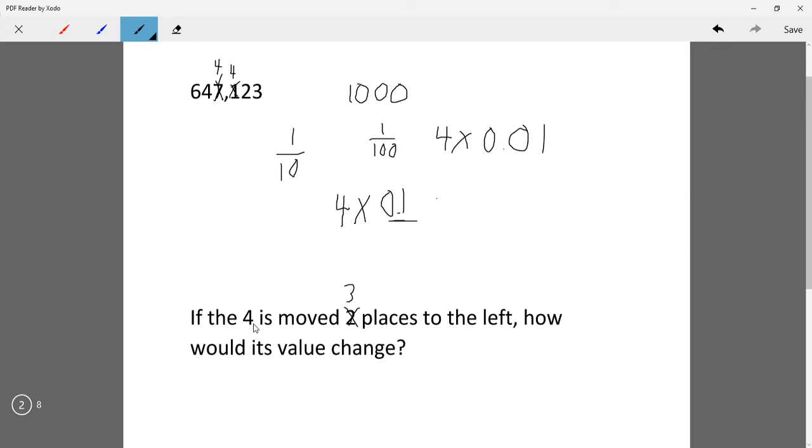So basically, if it moves to the left, however many spots it moves to the left, that's how many zeros you're going to add to your 1 for how many times more that one's worth. And if it's moving to the right, then you're pretty much going to add the zeros, but putting it over 1 in a fraction, right? So it becomes basically divided by 10, because multiplying by 1/10 is the same as dividing by 10.